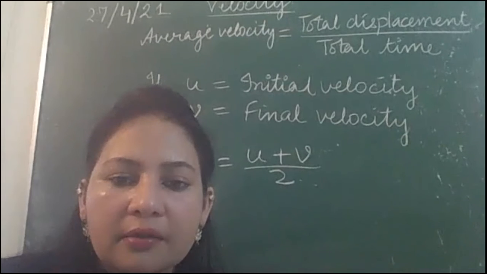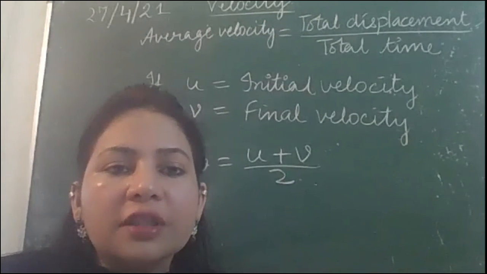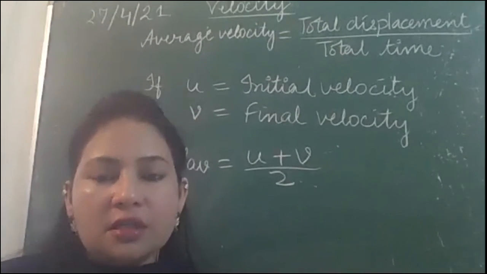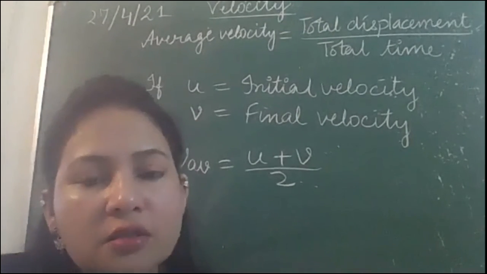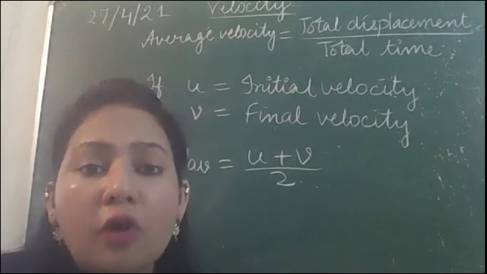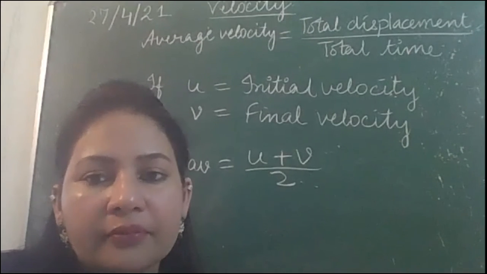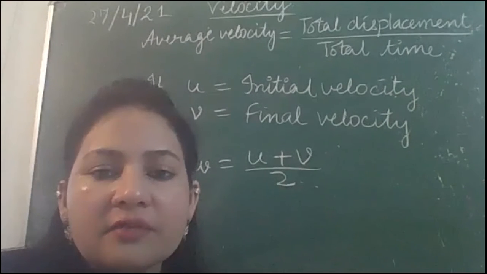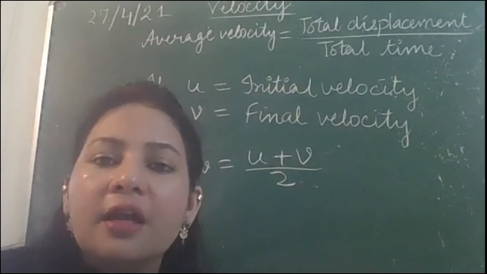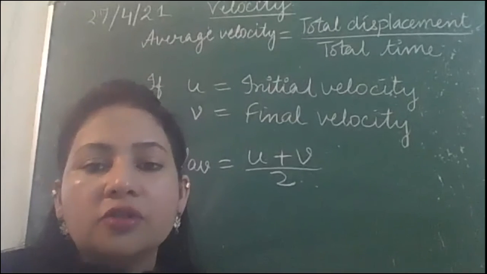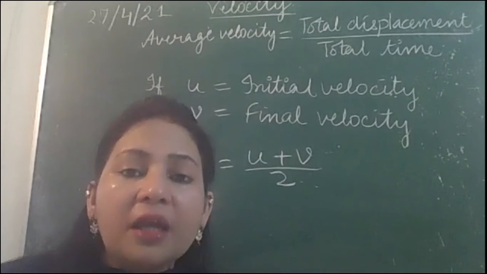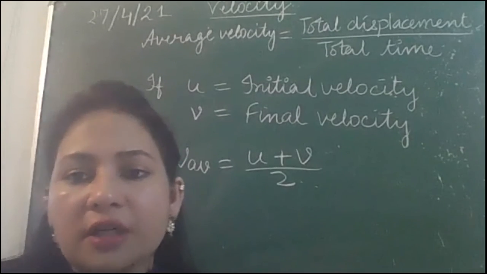Yes, Gurupal. Now the fourth type is instantaneous velocity. It is also clear by the name, it is the velocity of an object at a particular instant of time. Write down the definition. It is the velocity of an object at a particular instant of time. So it is the same as instantaneous speed, but direction will be associated.